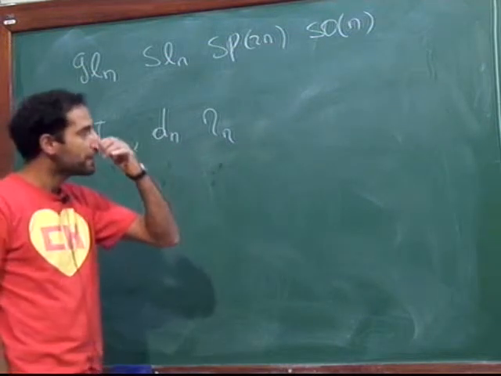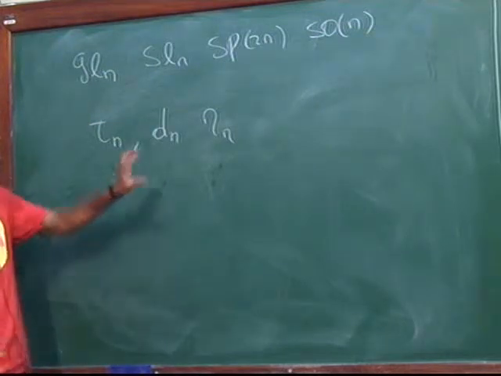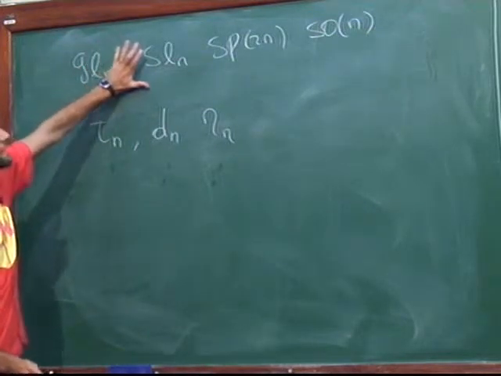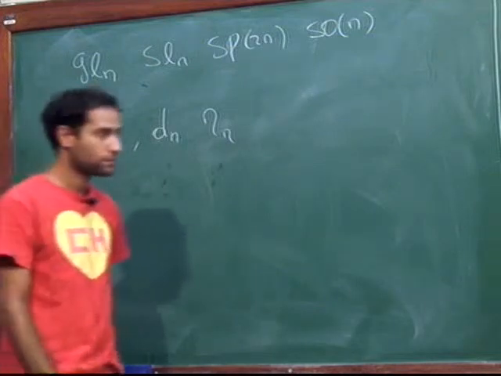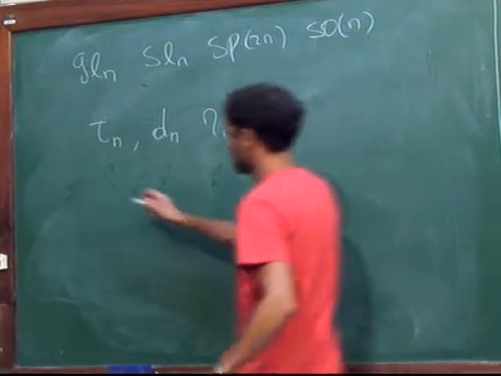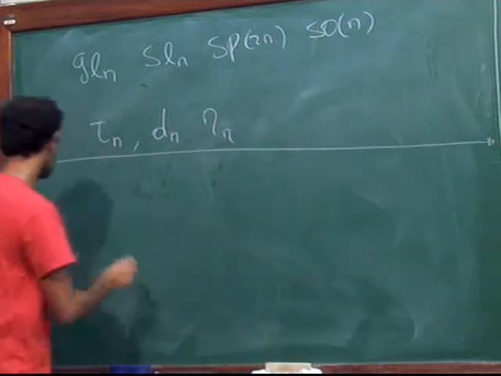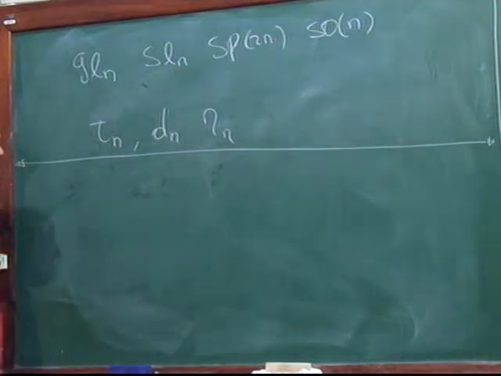Somehow what we're aiming is to say, let's divide all the examples of Lie algebras into two classes, some like this and some like this. That'll take a few classes, but let's start with a couple of examples.